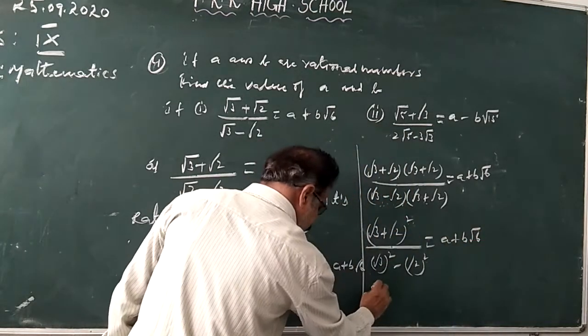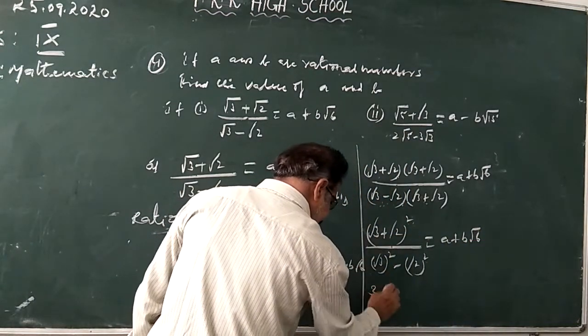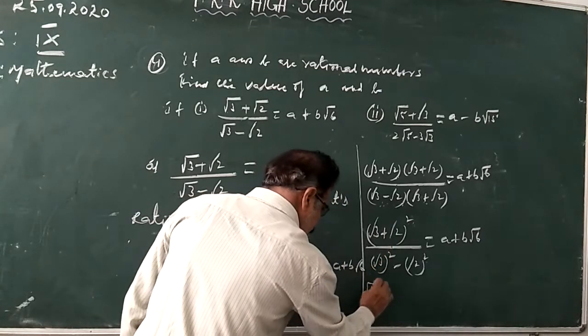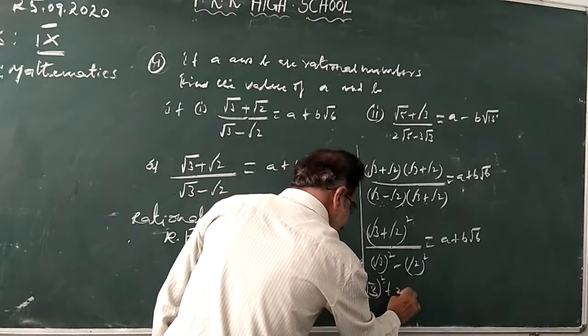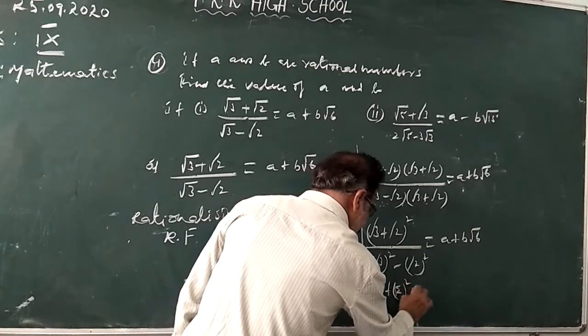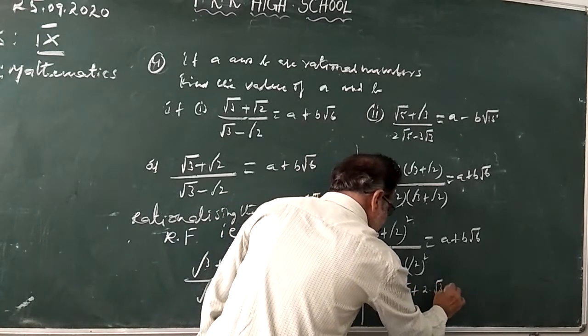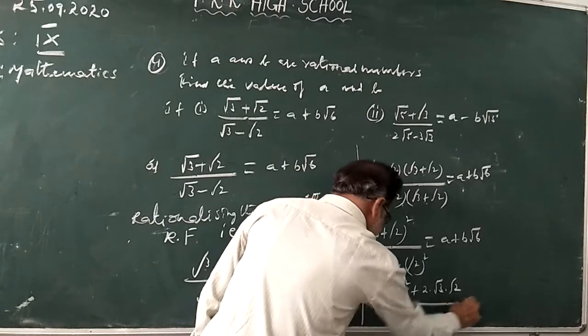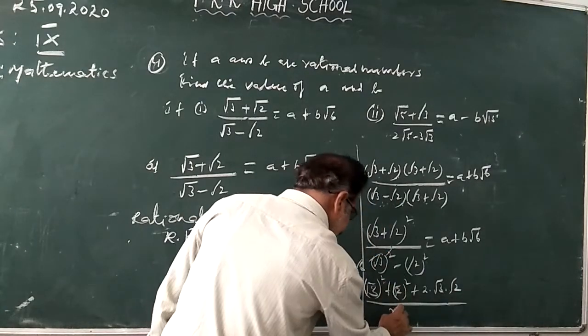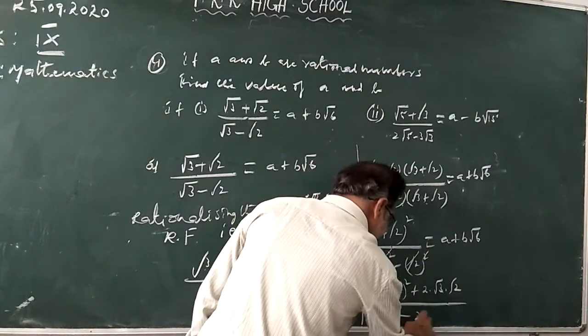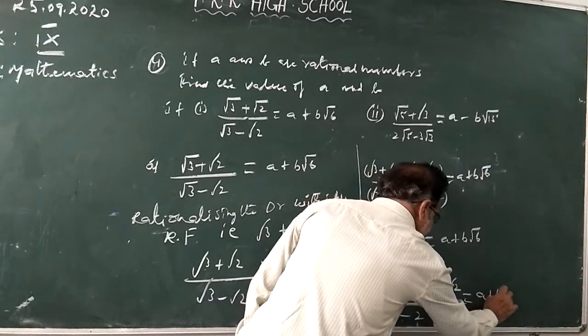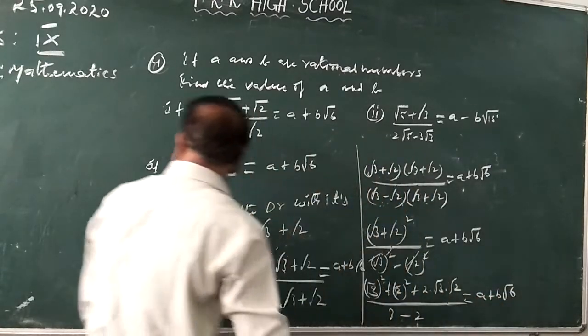Expand the form of A plus B whole square: root 3 square, the square root will go, A square plus B square plus 2AB. 2 into root 3 into root 2 by root 3 square cancel 3, root 2 square cancel 2, 3 minus 2. That equals A plus B root 6.